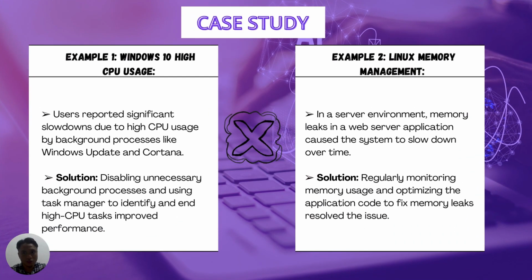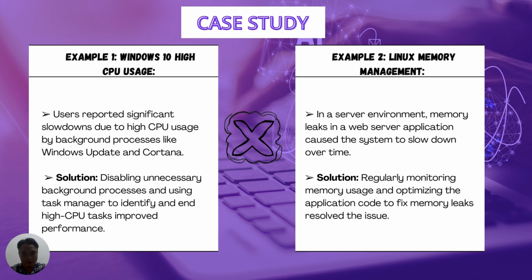Addressing these issues requires targeted strategies tailored to specific bottlenecks. For instance, in cases of high CPU usage on Windows 10 due to background processes like Windows updates or Cortana, optimizing resource allocation by disabling unnecessary services and identifying and terminating CPU-intensive tasks using tools like Task Manager can significantly improve responsiveness.